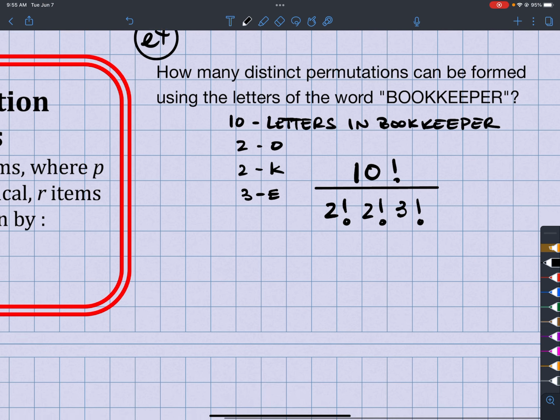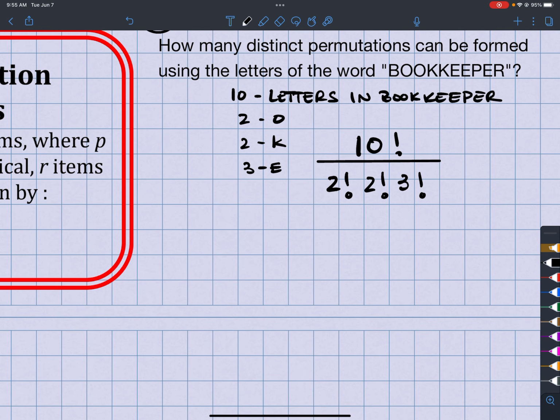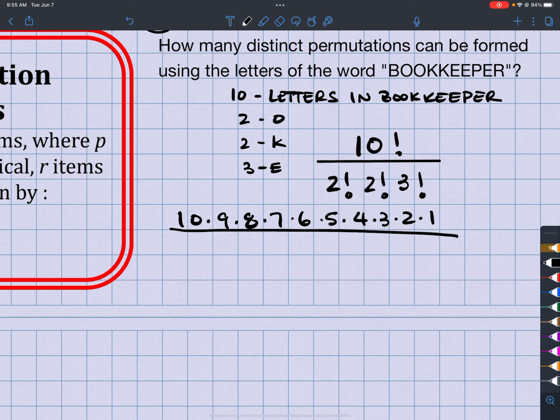Okay, now this is a little bit different. So sometimes writing it out isn't bad for the math part. So 10 factorial is 10 times 9 times 8 times 7 times 6 times 5 times 4 times 3 times 2 times 1 over 2 times 1 times 2 times 1 times 3 times 2 times 1.